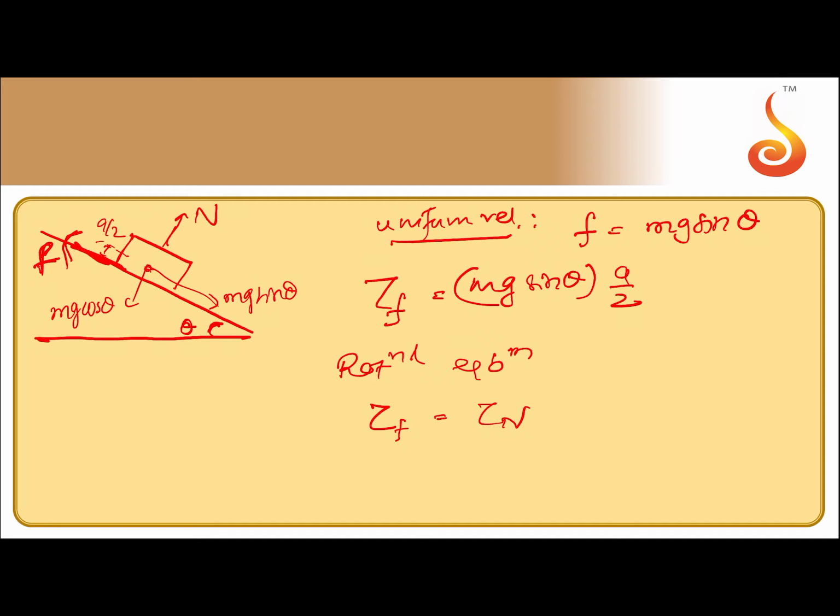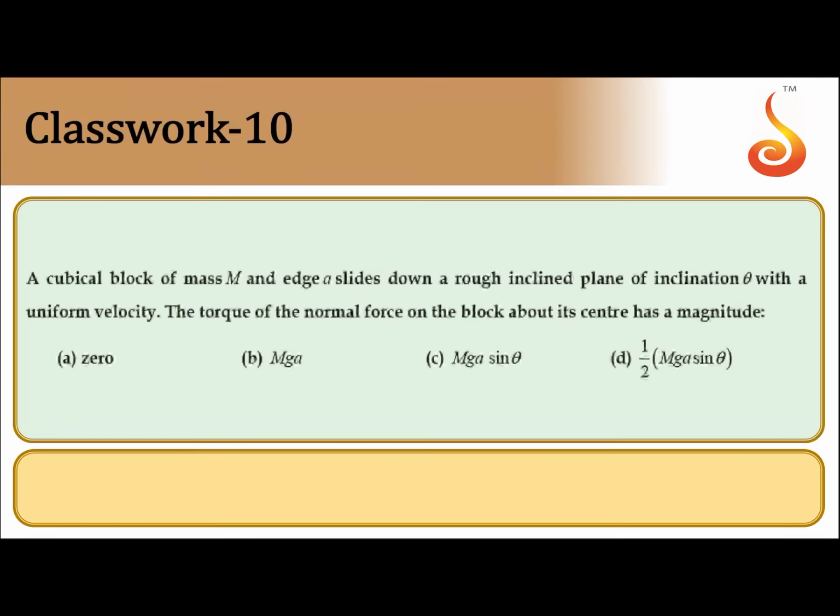So torque due to normal reaction is torque due to friction. This is mg sin theta into a by 2. So mg sin theta into a by 2 is the torque due to the normal force about its center.